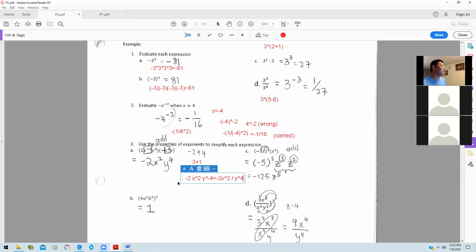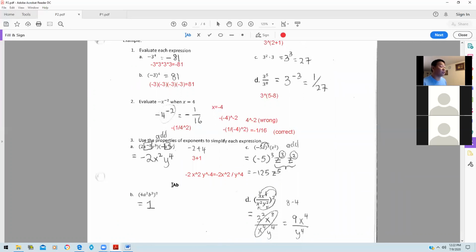So this is the answer I will accept. I won't accept anything if you have a negative in there, okay, on your exponents. You won't get the full points in this case in your test. So make sure you guys know, also in your online homework, they will mark you wrong. So make sure that you change all your negative exponents to positive by, if they're top, move them to the bottom. If they're in the bottom, move them back in the top.